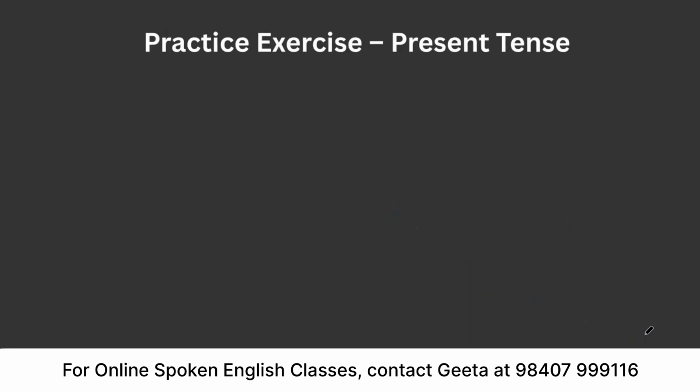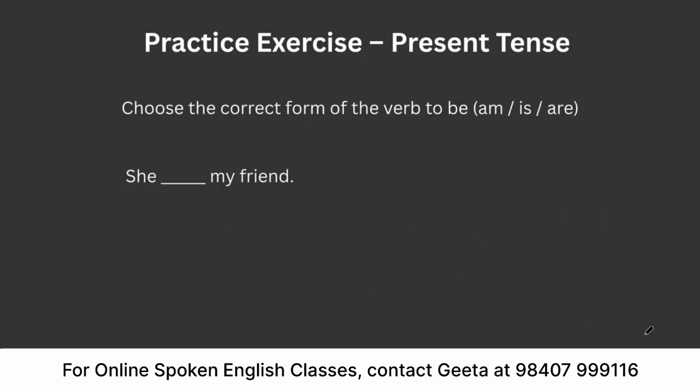Now let's practice a few example sentences. She is my friend. The subject is singular. So we have used the singular verb is. The flowers are yellow. Are, because the subject is plural.